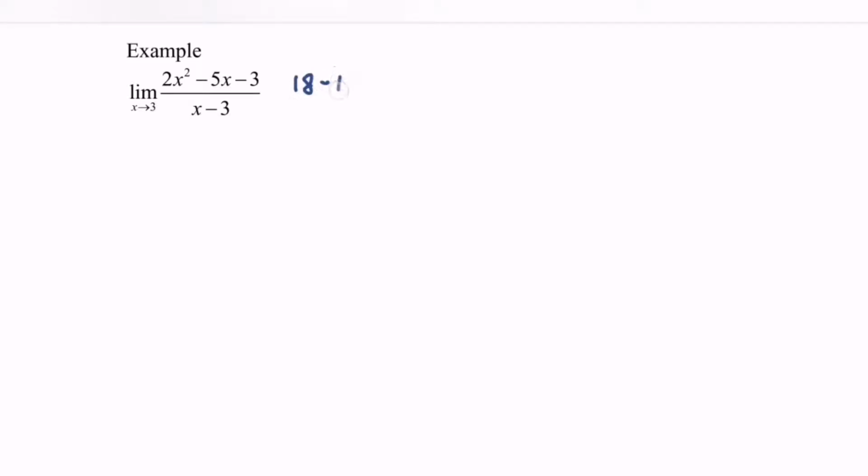Minus 15, minus 3, over 0. So at the end, our product will be 0 over 0, and we have what we call the indeterminate form.